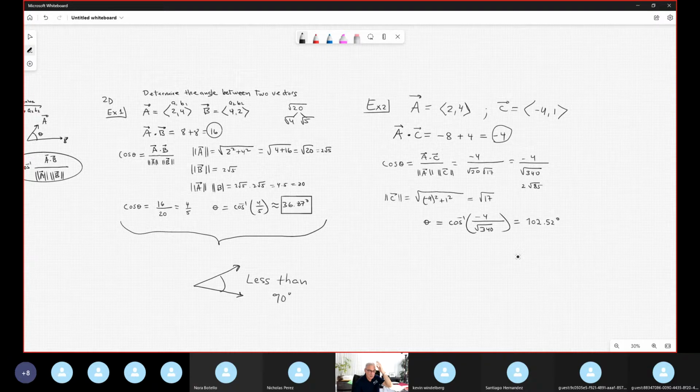So one good indicator: you multiply the vectors using the dot product. If the answer is 16, 20, positive, I guarantee you 100% that the angle is acute, less than 90 degrees. However, when you multiply and the answer is negative, you obtain an obtuse angle.